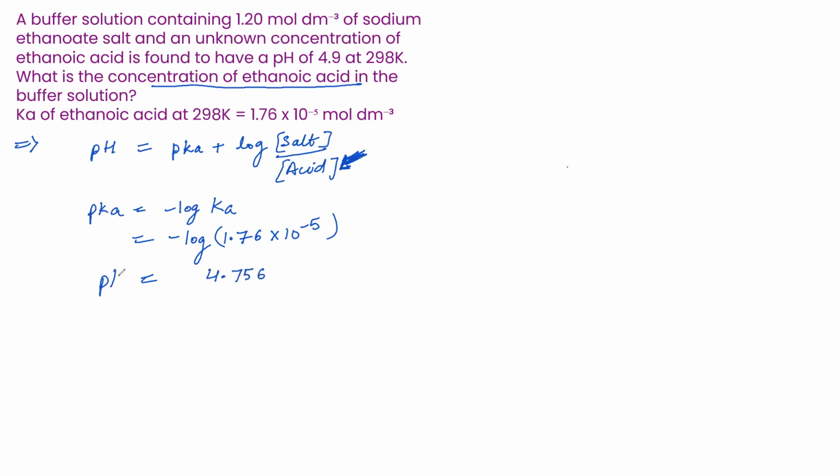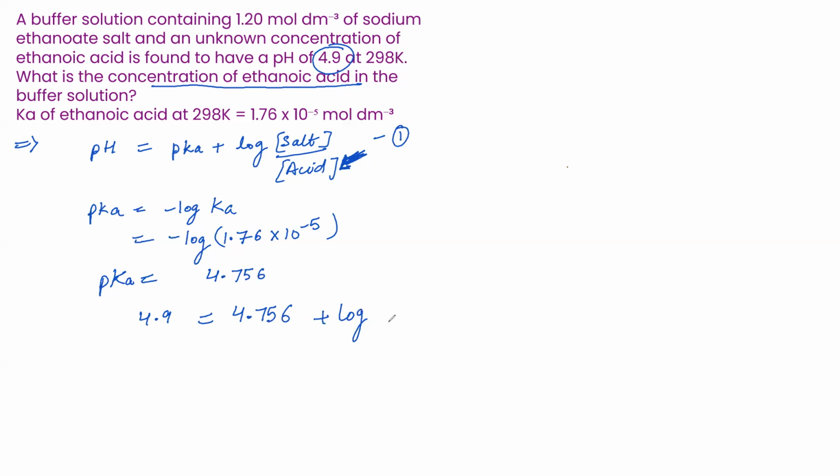So you got your pKa. Now let us put the values in equation 1. How much pH is given? 4.9. So 4.9 equals pKa, which is 4.756, plus log of salt concentration.